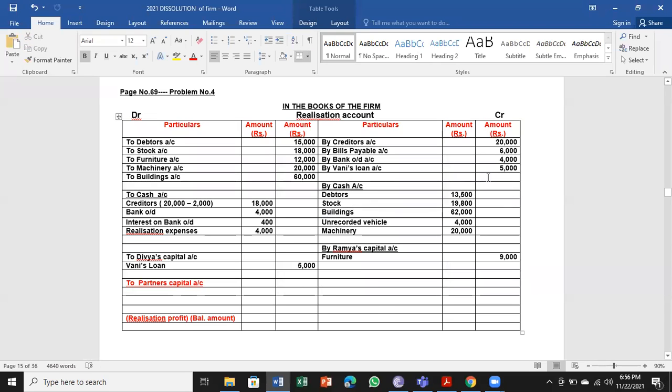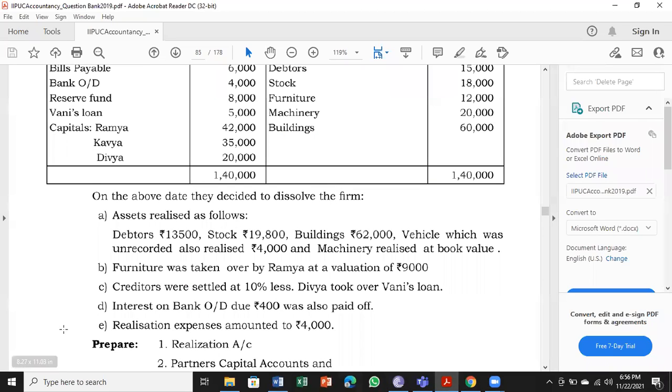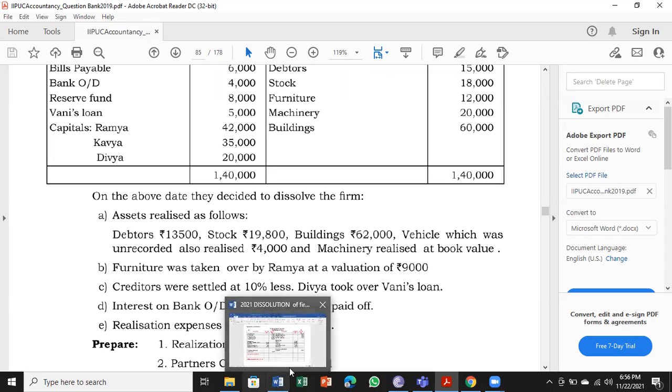Let us check the now liabilities. Creditors were there. Creditors paid 10% less. Bills payable is there. Nothing has been told about bills payable in the problem. Have a look at it. Have they told anything about the bills payable? Check it out. No, sir.